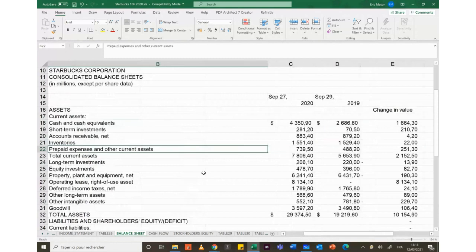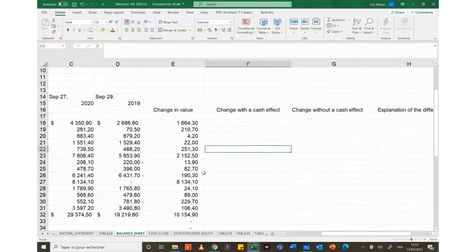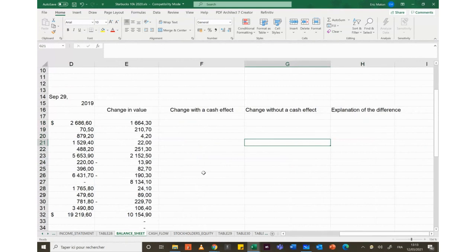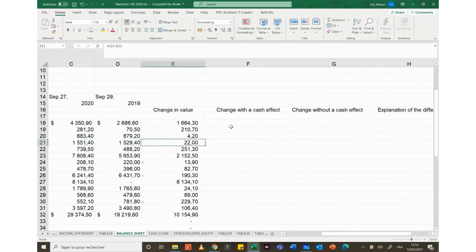If we have an acquisition, we pay for that, so we have a cash effect. So for the acquisition of a company, you have to put it with the cash effect. And without the cash effect, you can explain because of non-cash expense, non-cash revenue, because of a decision to convert debt into equity. So you have to try to separate the two here and to explain the difference.